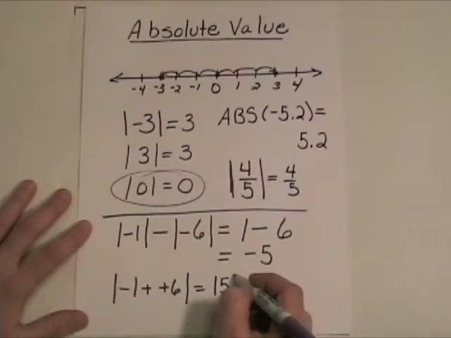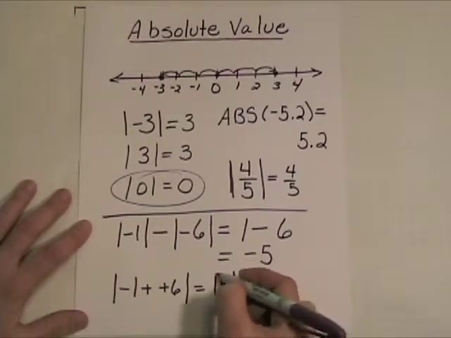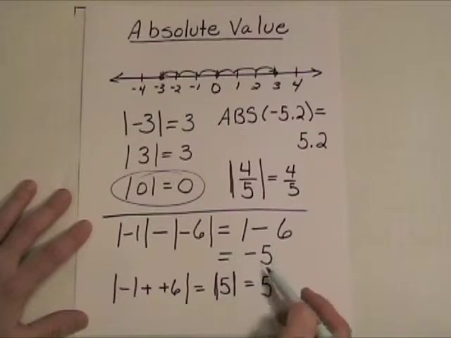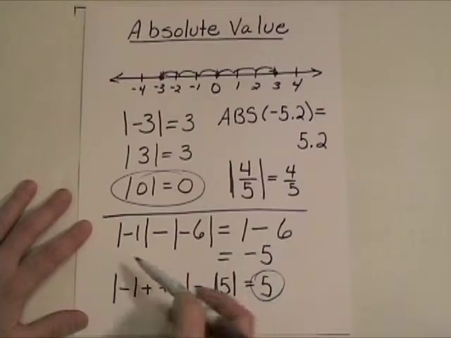The absolute value of 5 is 5. So look, this value was -5, this value was +5. So you have to kind of be careful about how it's laid out.